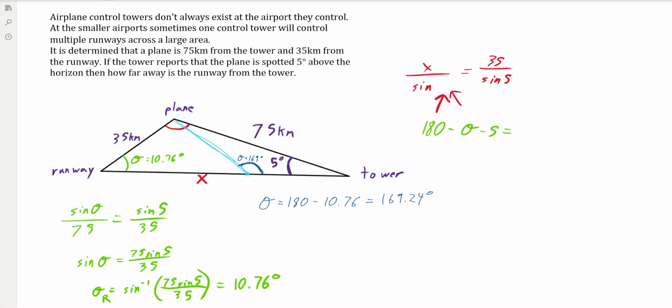Those are two wildly different options, which are also going to wildly change the red answer. So if we did it in green, what we would get is 164.24 degrees. If we were to get it in blue, we'd go 180 minus blue theta minus 5, which would be 4.24 degrees. Is that correct?